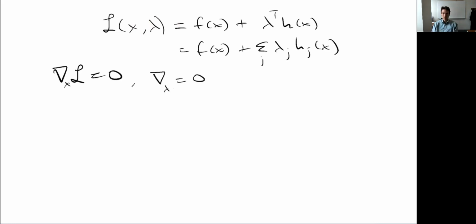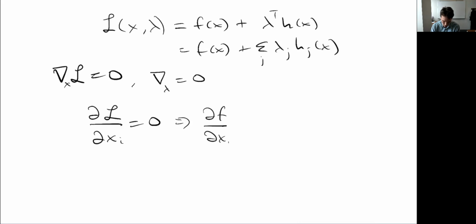I need all my derivatives to be 0. So let's just write that out. I need the partials of the Lagrangian with respect to each x to be 0. That means I need the partial of f with respect to xi plus the sum over j. Lambda is a constant because we're just doing a partial derivative. And I get the partial of hj with respect to xi equals 0.